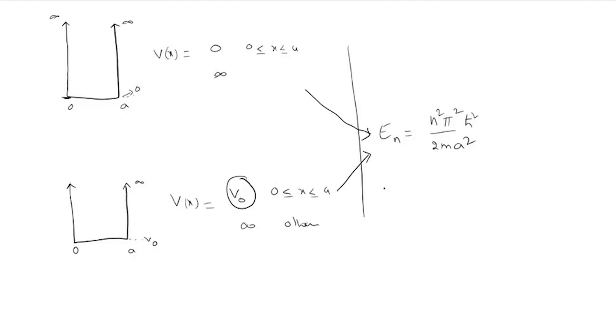Energies are independent of V0. But in harmonic oscillator, energies depend on the bottom, the minimum. So that's the difference between particle in a box and harmonic oscillator. I'm giving you information. I'm not proving anything.